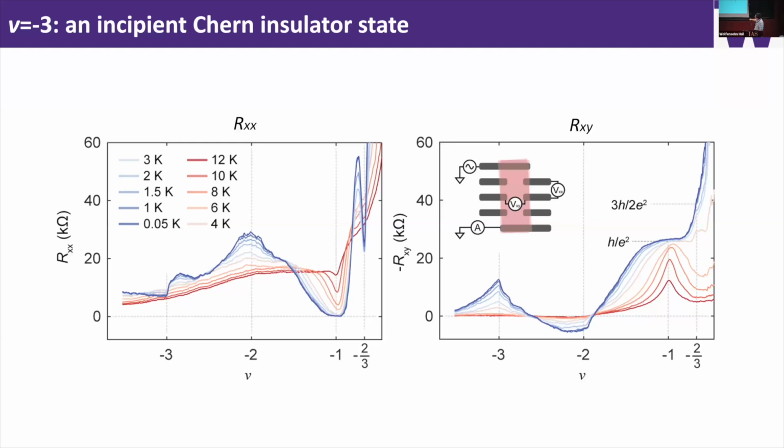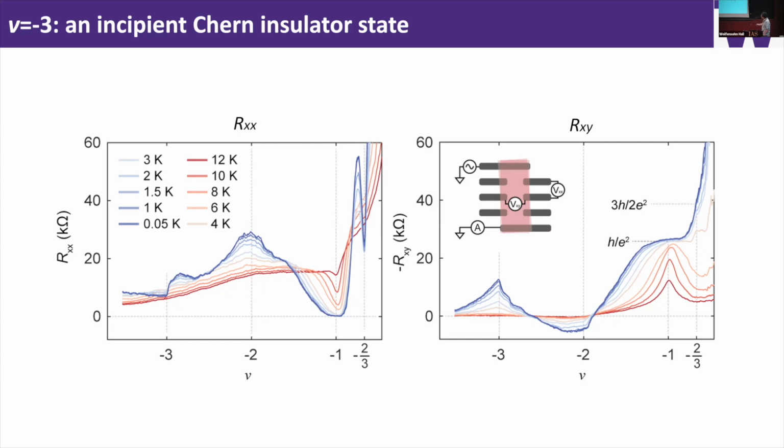Now, again, at -1, you see this quantized anomalous Hall state with Rxx going to 0. And for this particular sample, the -2/3 state, the Rxx is quite large here, but you can see clearly a dip. But what you pay attention to is the corresponding filling factor -3, when we cool down from 12 kelvin to 50 millikelvin, now you can see a dip actually forms here, right?